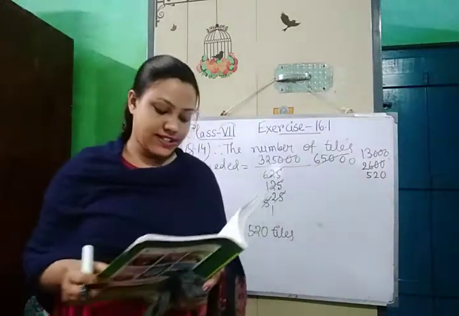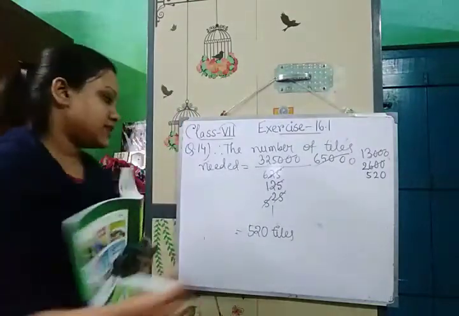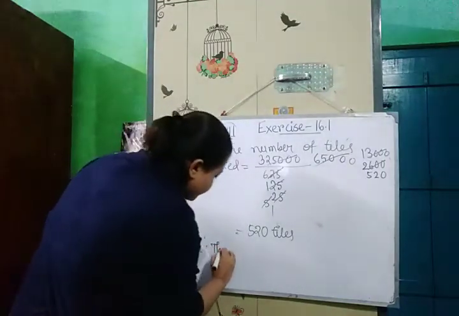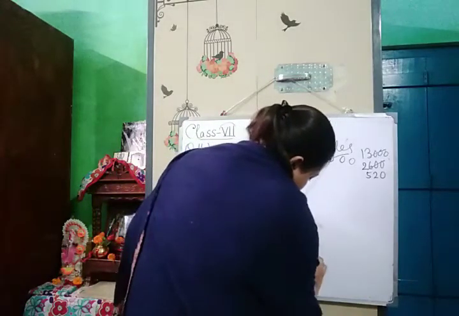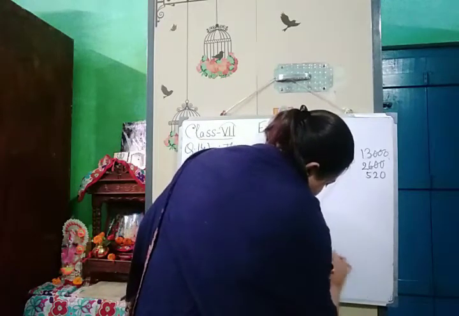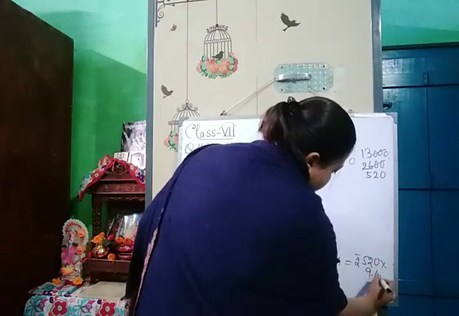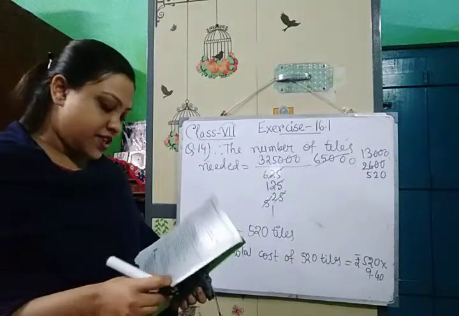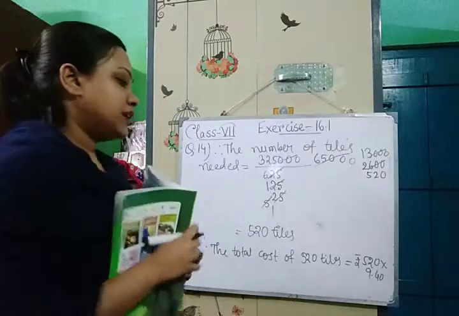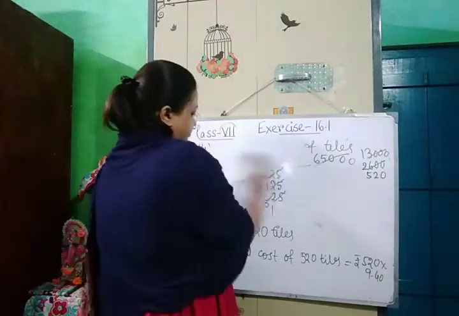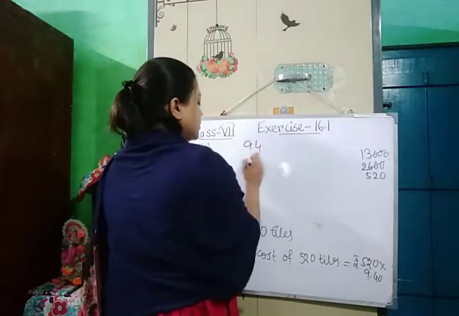Now the cost of each tile is rupees 9.40. So what will be the cost of total 520 tiles? Therefore the total cost of 520 tiles is equal to rupees 520 into 9.40. The cost of each tile is here. So we will now multiply. 94, 52.